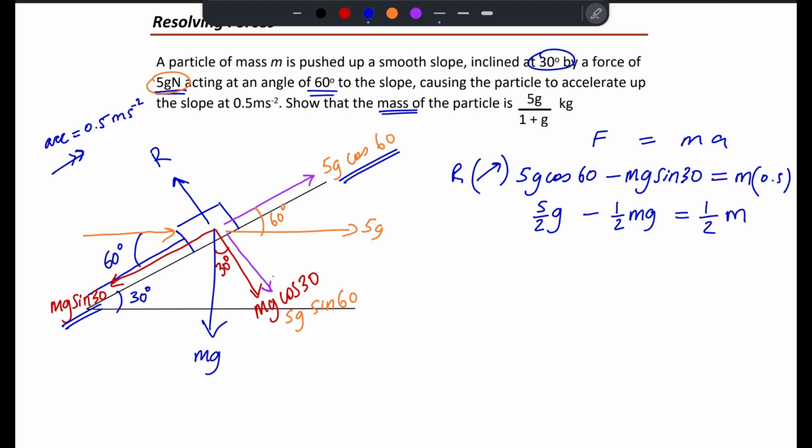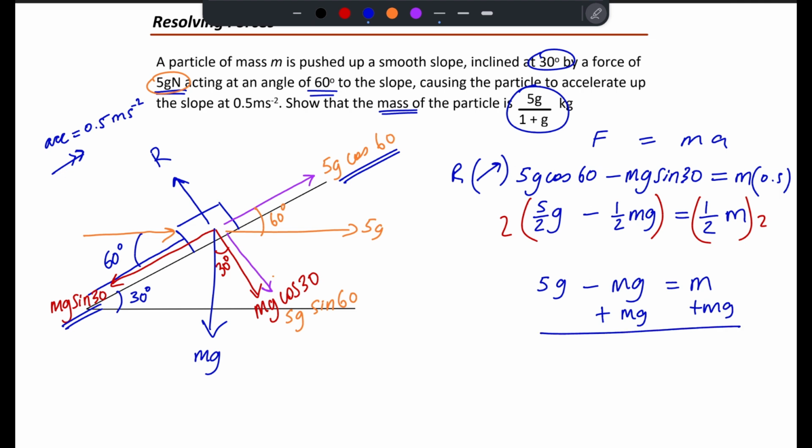Now we want to essentially show that the mass is given by this. So if we rearrange this, one way to start this off is just multiply everything by 2. So I'm going to multiply this side by 2, and we're going to multiply this side by 2. That's going to give us 5g minus mg equals m. And we want to make m the subject, so let's add mg to both sides.